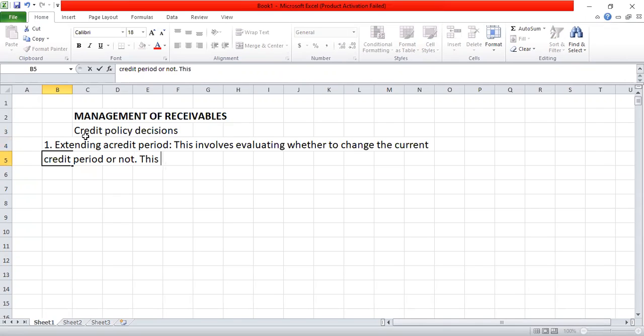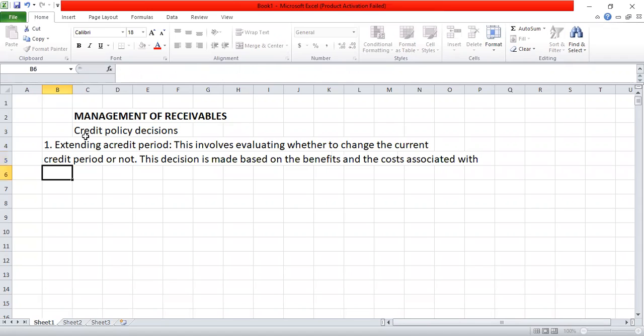And we said the decision is made based on the benefits and the costs associated with the policy.